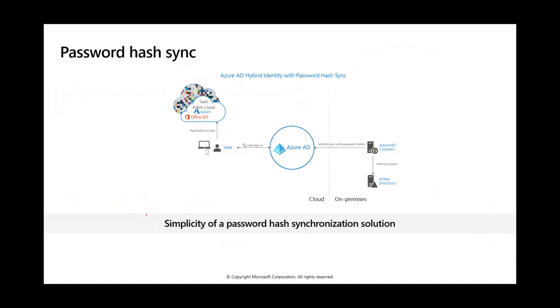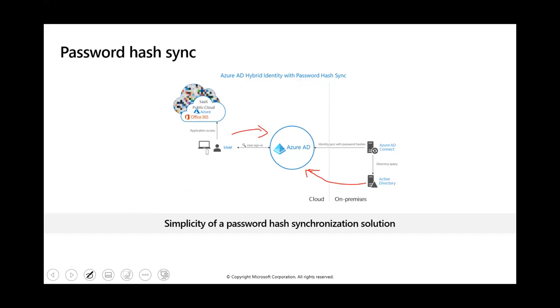The first one that we're going to talk about is the password hash sync. And how does that work? The user wants to connect, so the user connects directly to the Azure Active Directory. And from where does Azure Active Directory have the information of the users? From the on-prem Active Directory, which is connected through Azure AD Connect to our Azure AD.